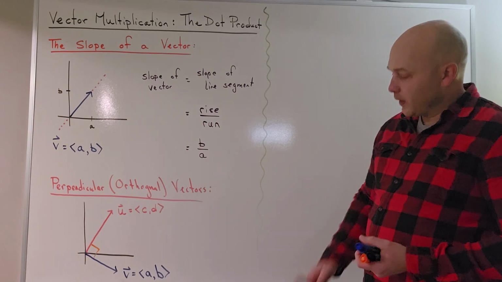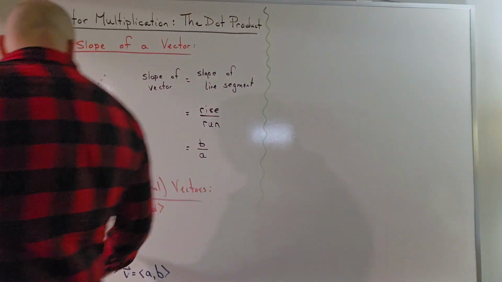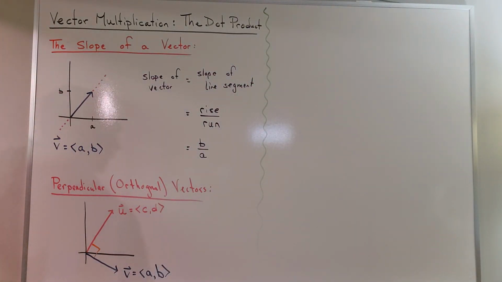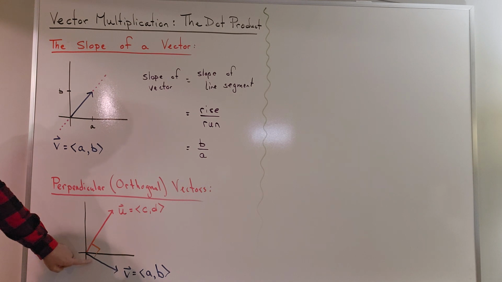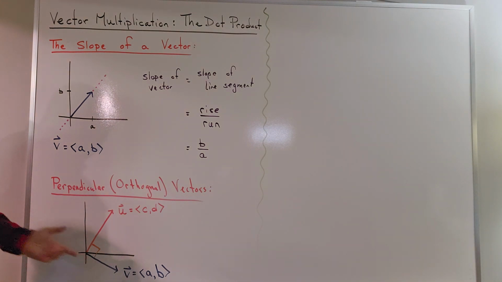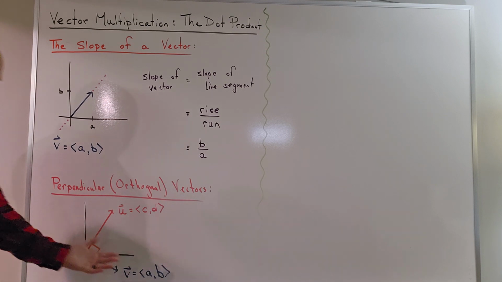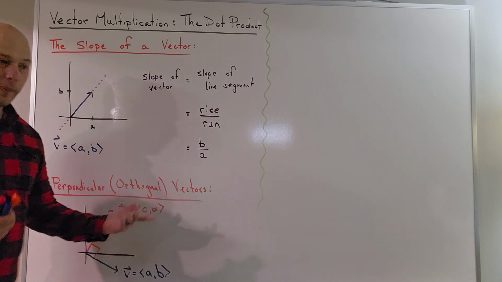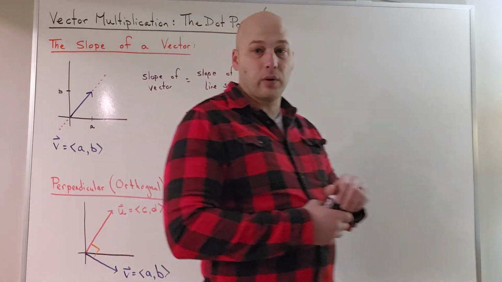Anyway, if I look at these two vectors, u and v, and I say that they are perpendicular, meaning that there's a 90-degree angle between them, what's the relationship between the slopes? Remember, perpendicular lines have negative reciprocal slopes.